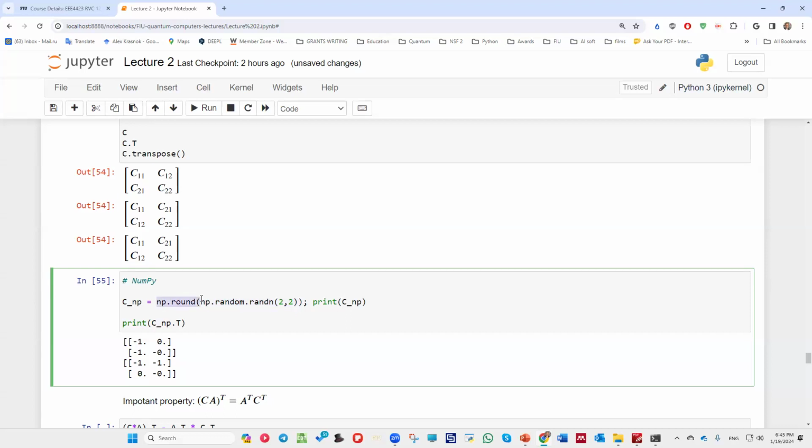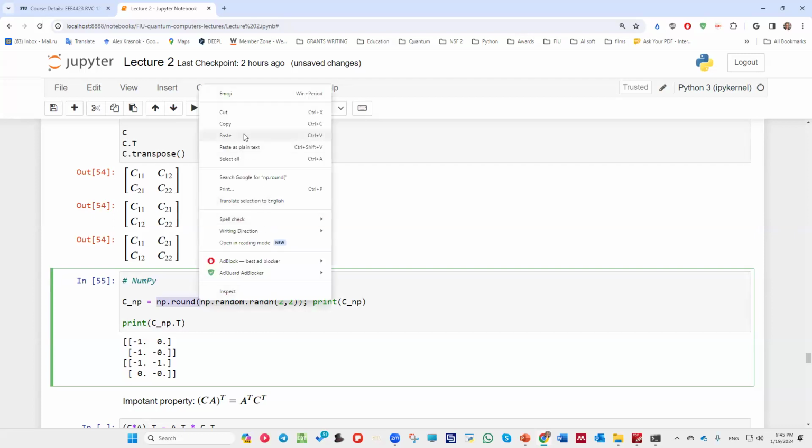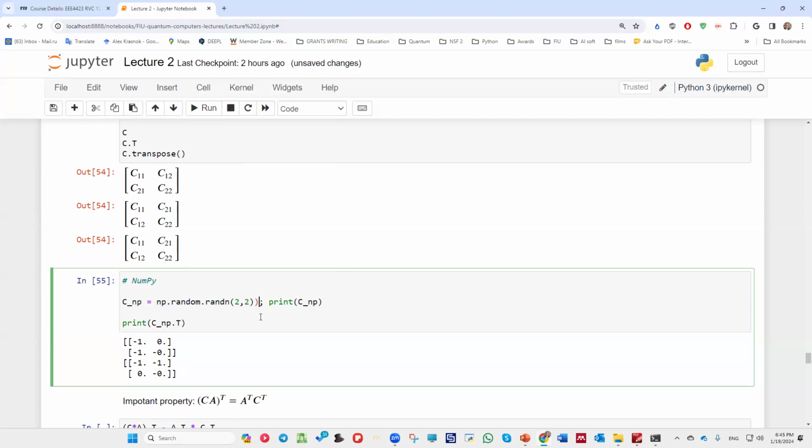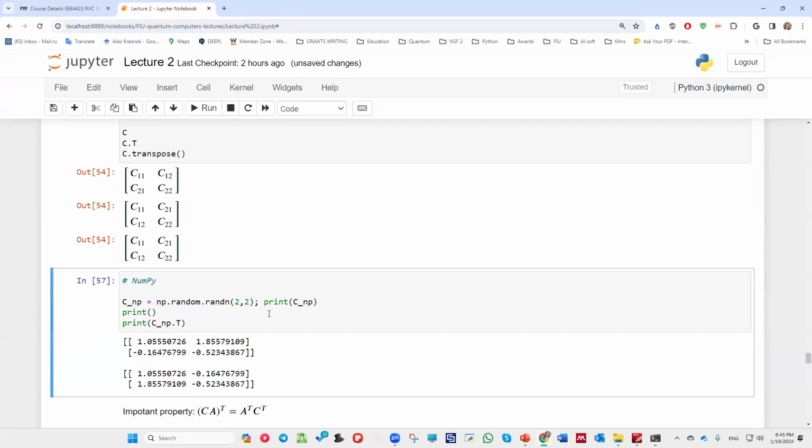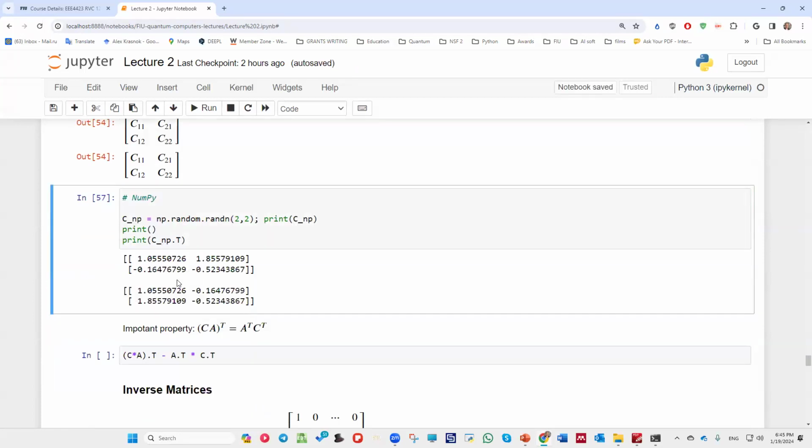Then I round these numbers, to not keep all the numbers after the decimal point. For example, if I remove this function, the result will be like this. This is also fine, I guess. So let me print empty lines so I can distinguish them.